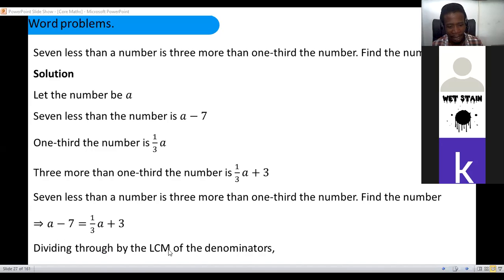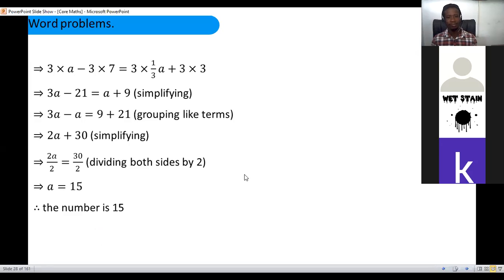Multiplying through by the LCM of the denominators, we're going to get 3 times a minus 3 times 7 is equal to 3 times 1/3a plus 3 times 3.